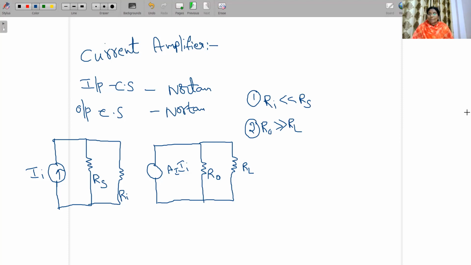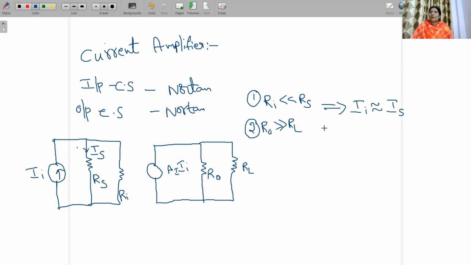Here we have to represent that if Ri is far less than Rs, then what is the current flowing through the resistance Rs? That is nothing but Is. So if Ri is far less than Rs, then Ia is approximately equal to Is.